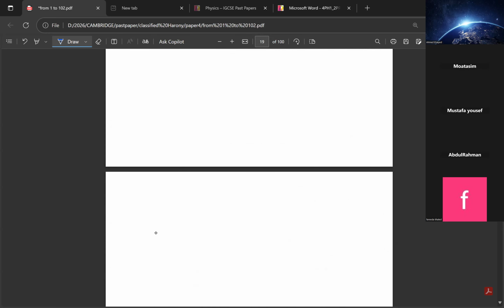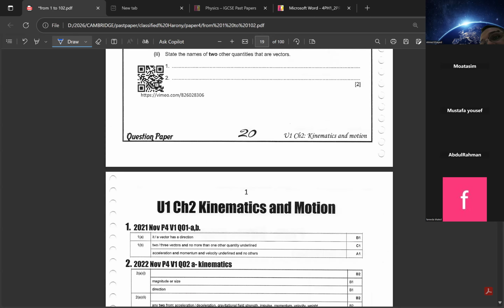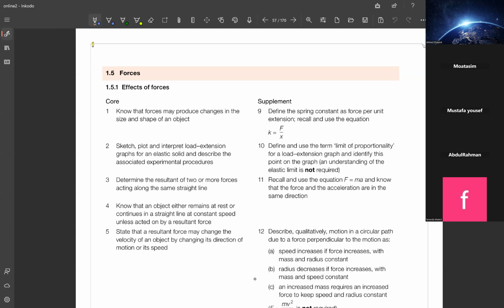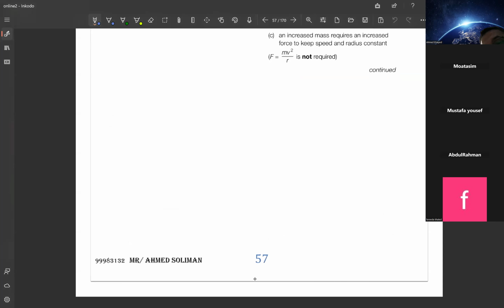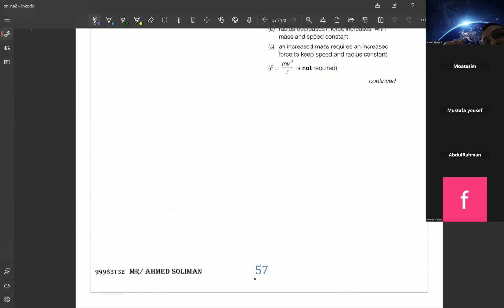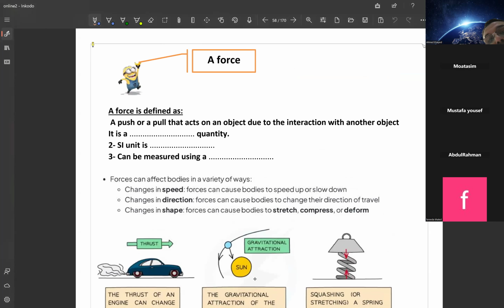Okay. Now let's go back to this one again. So now we will talk about force. Now do you see my force? Farida. Yes. Force is a scalar or vector quantity?